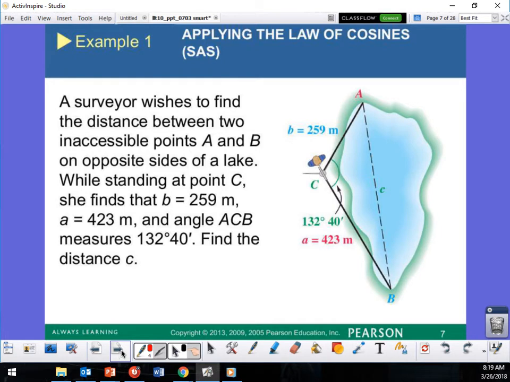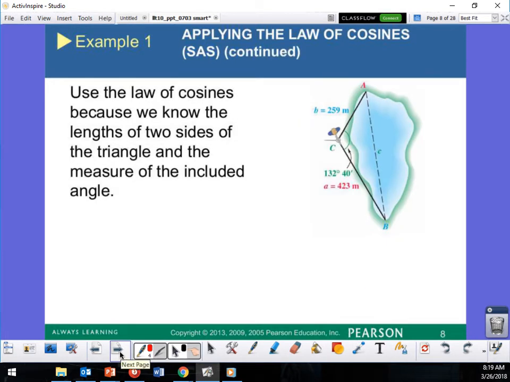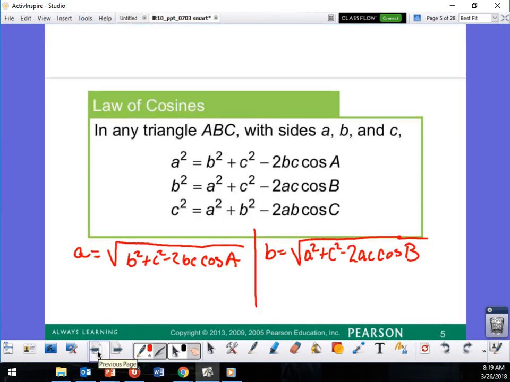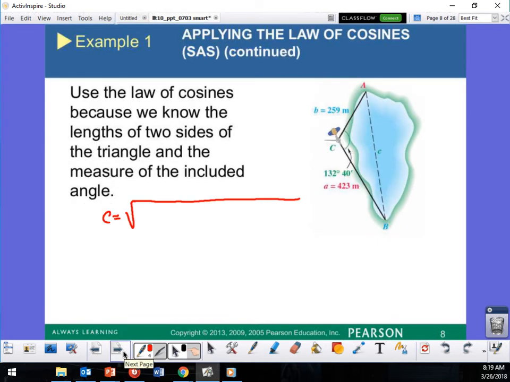Yes. So c is going to be equal to the square root of, do you remember what the formula said? Which one are we using? Let me go back right here. Do we have a, b, and big C? Yes. That's what we're looking for. If I'm looking for little c, I have to have little a, little b, and big C. And I have that.